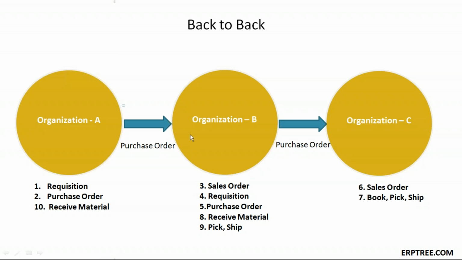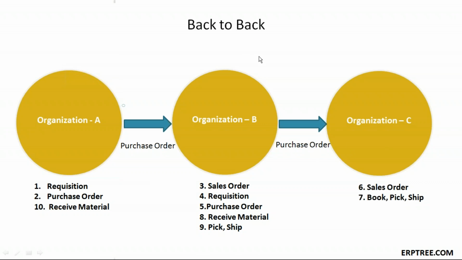So whatever activity they are doing, whatever process they are following, that sort of process we call the back-to-back order process. That means if there is any demand from their customer, they get the material from their supplier and supply back to their customer. So they don't maintain the stock. If they get any order from their customer, they'll purchase and they'll supply.